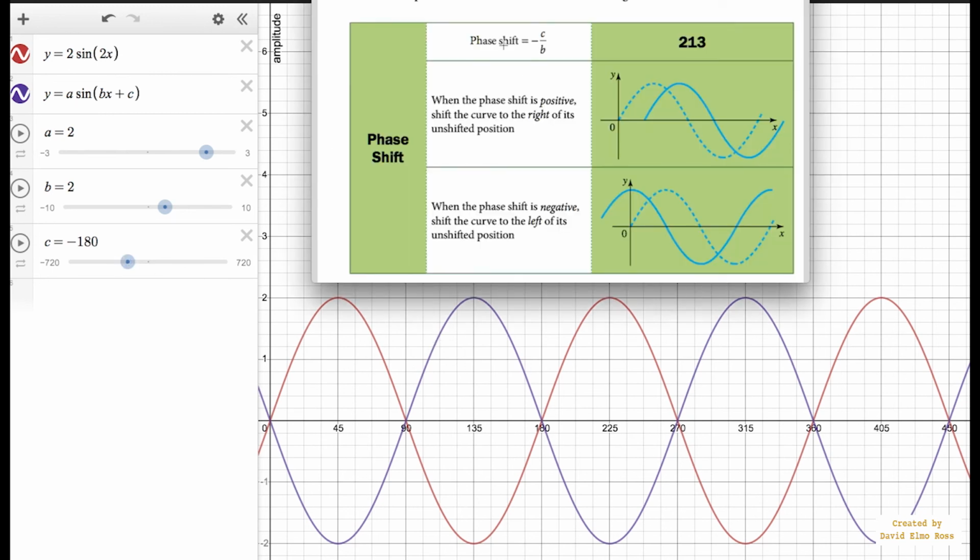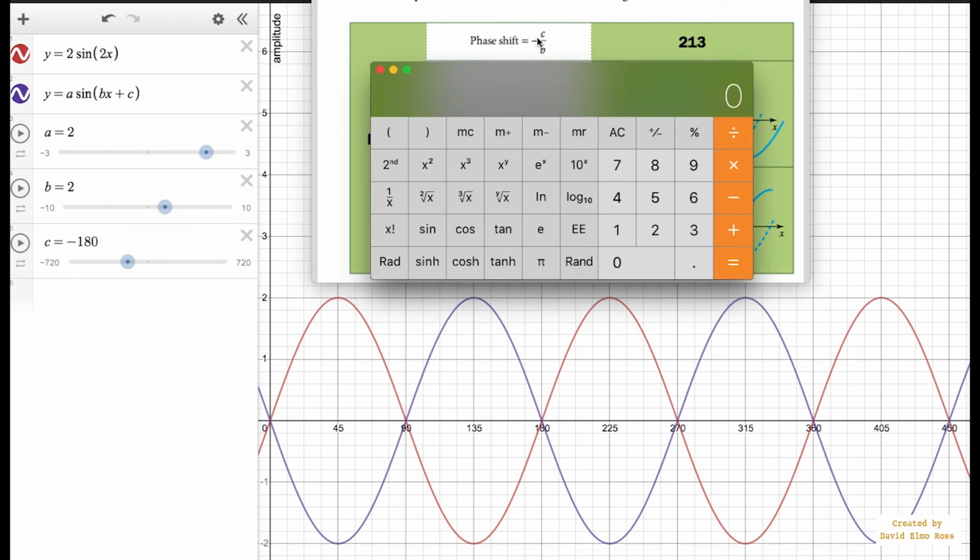Now this is called phase shift, and phase shift is given by minus C, which is this number here, over B, which is the number of waves to get 360 degrees here. Let's do the calculation here to see how much the blue wave that was in sync with this is actually shifted.